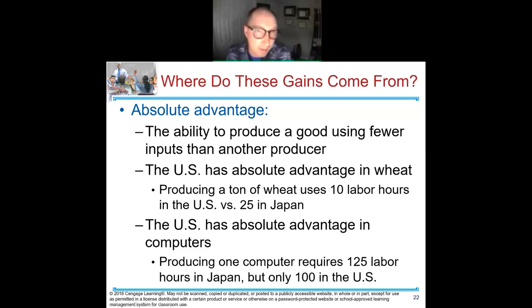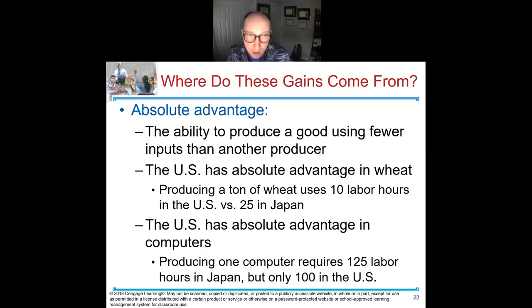So what happens when there's an absolute advantage of trade, especially in our example? The ability to produce a good using fewer inputs than another producer, that is an absolute advantage. The U.S. has an absolute advantage in wheat because the United States dedicates enough production to produce wheat, whereas Japan produced next to nothing. The U.S. has an absolute advantage in computers when producing the computer requires 125 hours in Japan, but only 100 in the United States.